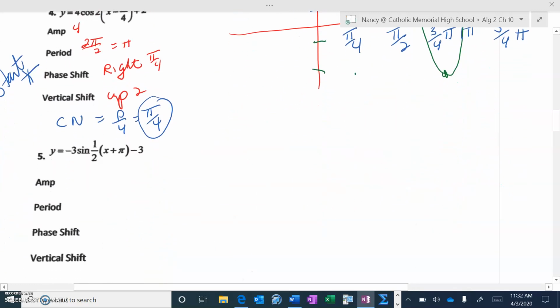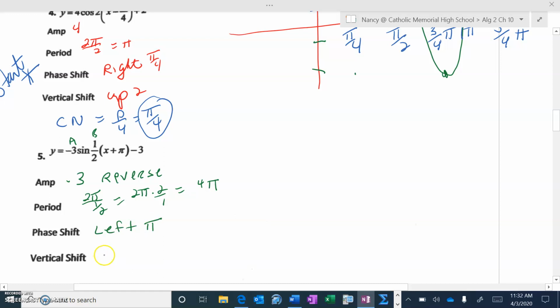So then we're going to look at a sine graph. My amp here is -3, so it's going to be a reverse sine graph. That's your A. This is my B. The period for the tan, sine and cos is 2 pi divided by B, which would be 2 pi, flip 1/2 upside down, which is 4 pi. It says to add pi, so I'm going to go left pi.